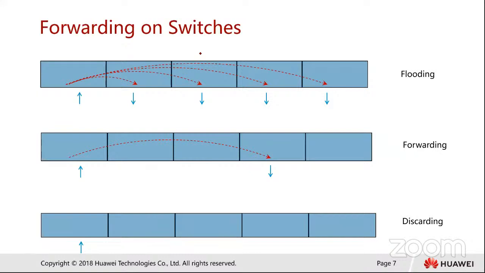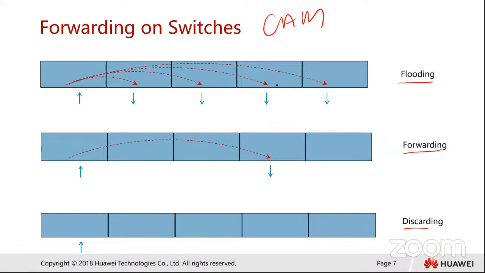A MAC address table is also sometimes called the CAM table, and CAM stands for content addressable memory. And here we have three modes of forwarding: flooding, forwarding, and discarding.